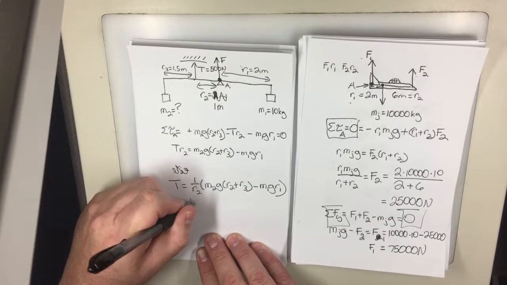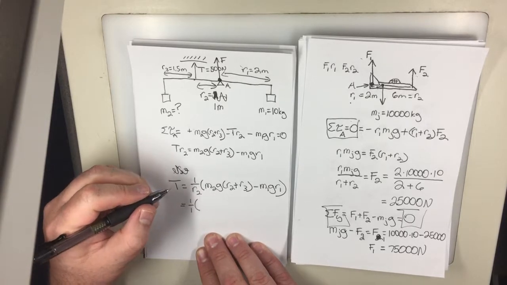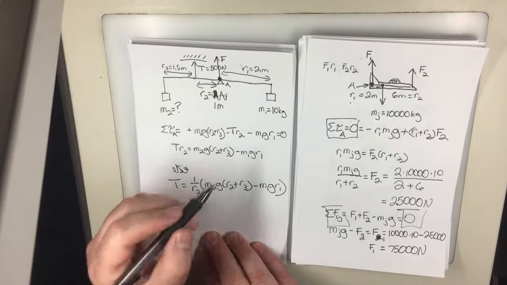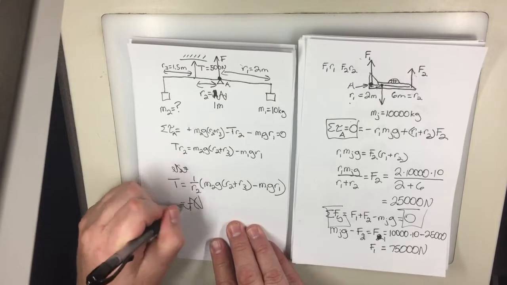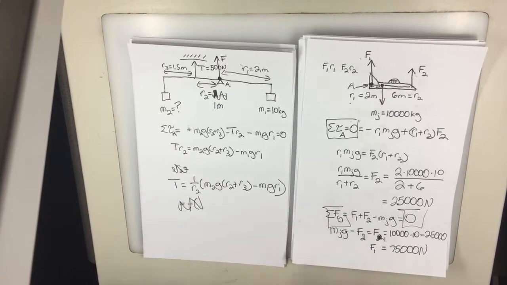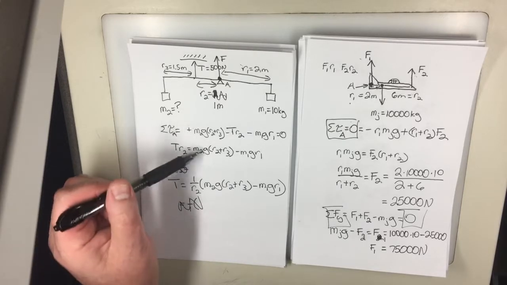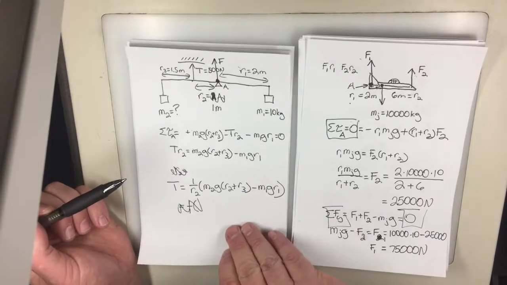Oh, idiot. What am I doing wrong? I gave you T. I'm looking for M2. But that's the benefit of alphabet soup mode. I could just go, all right, where do I go back? I need M2 right there.